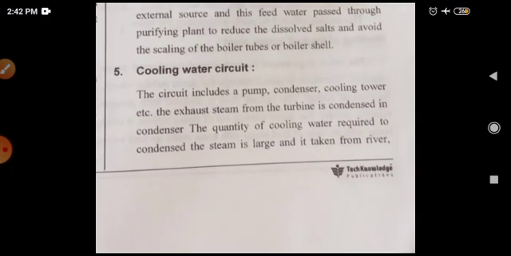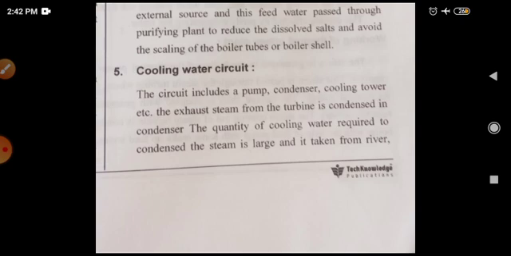Cooling water. Why do we need cooling water? Because we cannot lose that steam to the atmosphere. Why are we not losing it? Because if we exhaust it to the atmosphere, with that steam we are also losing the heat, which we have to recover.